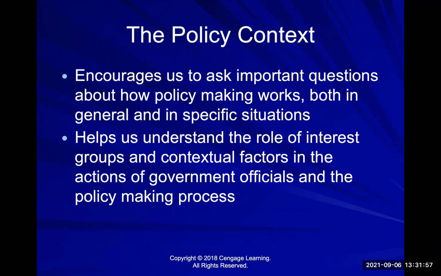So let's start off with understanding the policy context. We need to think about the outside influences that are taking place that impact the policymaking process. So for example, when we think about events such as 9/11, the terrorist attack, or Hurricane Katrina in New Orleans, or let's take a look at something like the development of the Social Security Act in 1935.